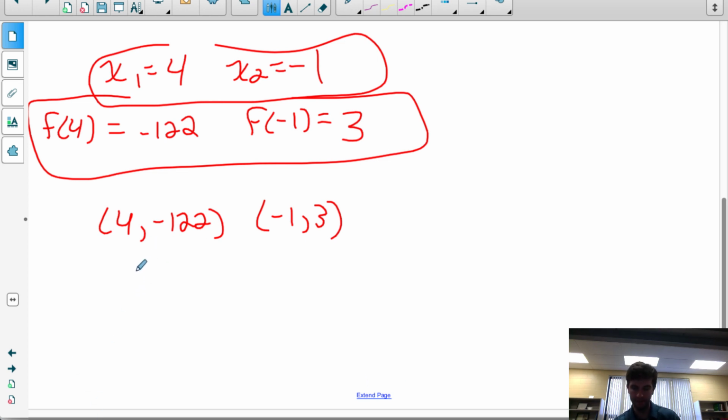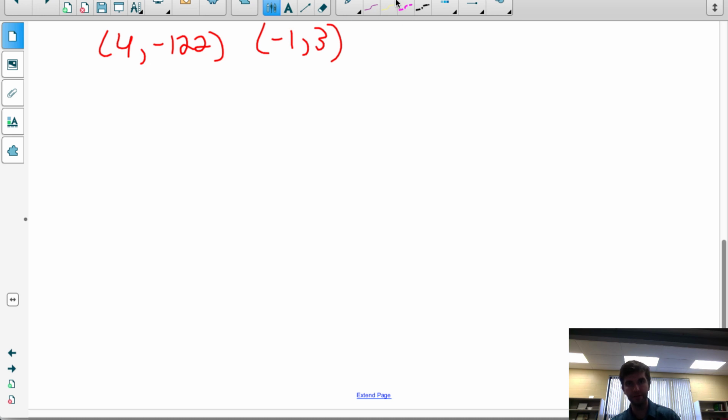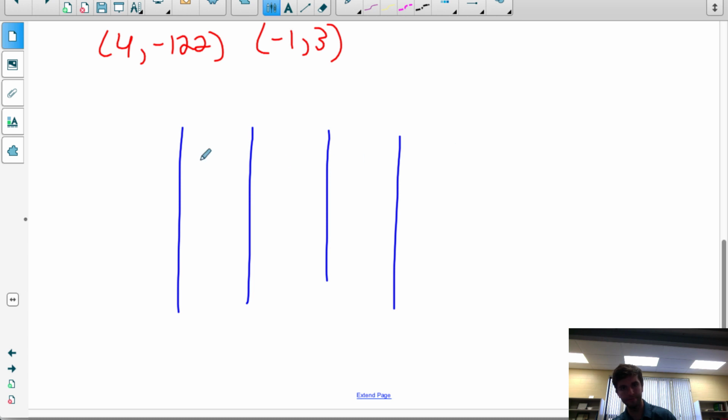What I'm interested in is, is there a local extrema there? And if there is, is it a max or a min? So this is where we do the first derivative test. For the first derivative test, we have to set up a chart for ourselves. I'm going to test around those critical numbers.